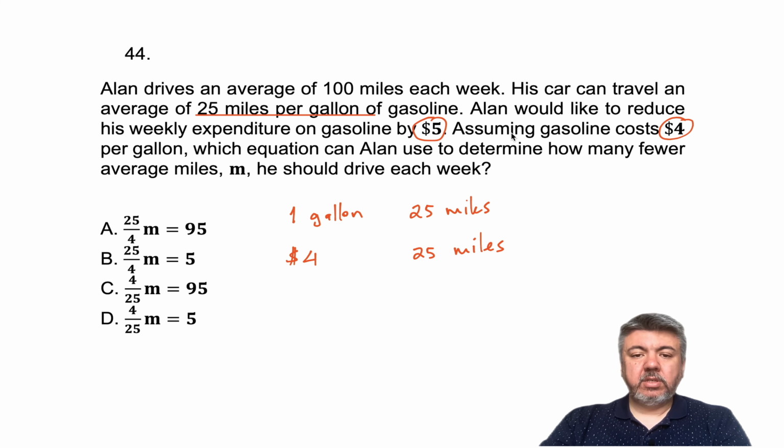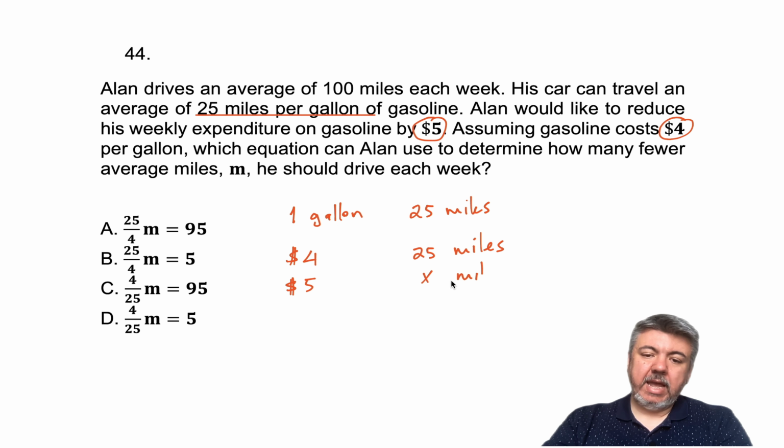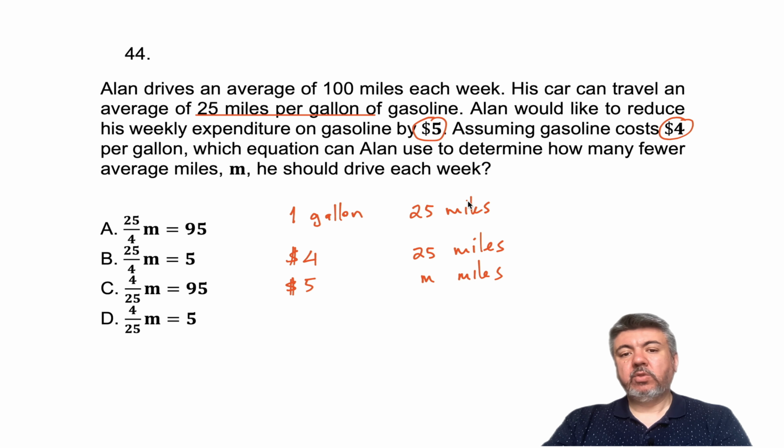So he wants to reduce cost by what? $5. So $5 means how many miles? m miles, let's say. Once again, 1 gallon, 25 miles. 1 gallon is $4. So with $4, he drives 25 miles. He wants to reduce the cost by $5.